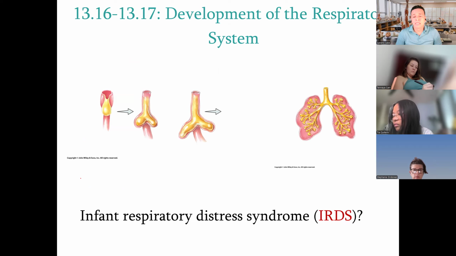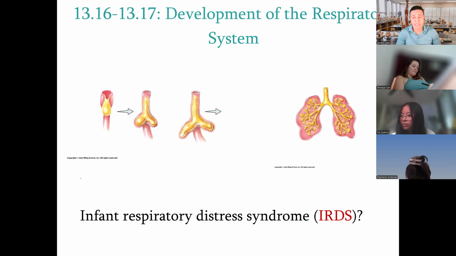Now, what happens to our lungs when we are still a fetus? Our lungs develop very late during fetal development, guys. Why? Because we don't use our lungs inside the womb of our mothers. Our lungs collapse. So the lung is going to be one of the last organs in the body to fully develop. Now, as I mentioned earlier, what happens when we have a premature baby?